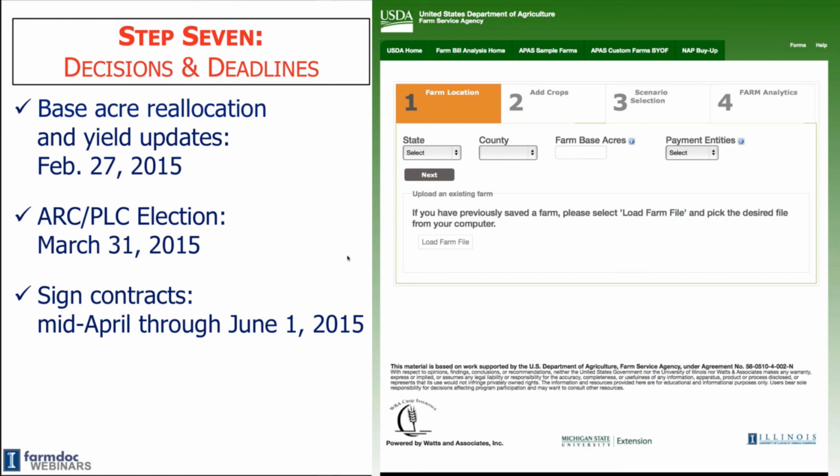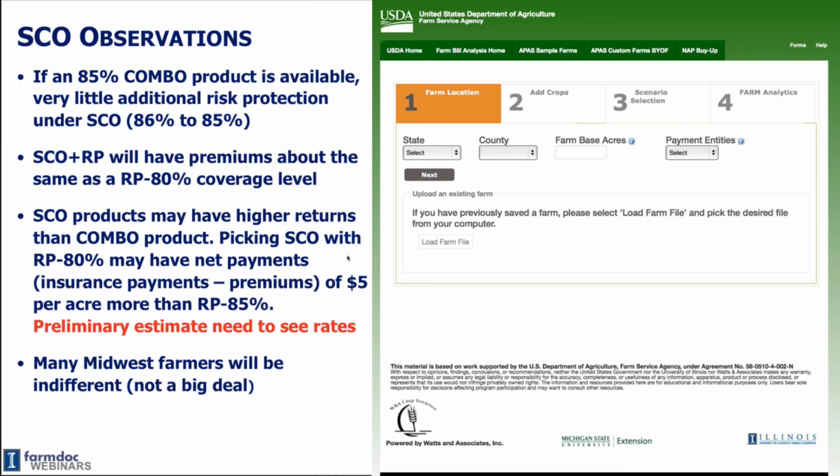So we had a question here about what happens if you purchase SCO and then end up electing ARC. RMA has some rules about how you can get out of that SCO decision. I don't remember the dates off the top of my head, Gary, but you want to double check that there could be a penalty after a certain date. There was for wheat, for example, back in the fall, an opt-out time frame for wheat on SCO.